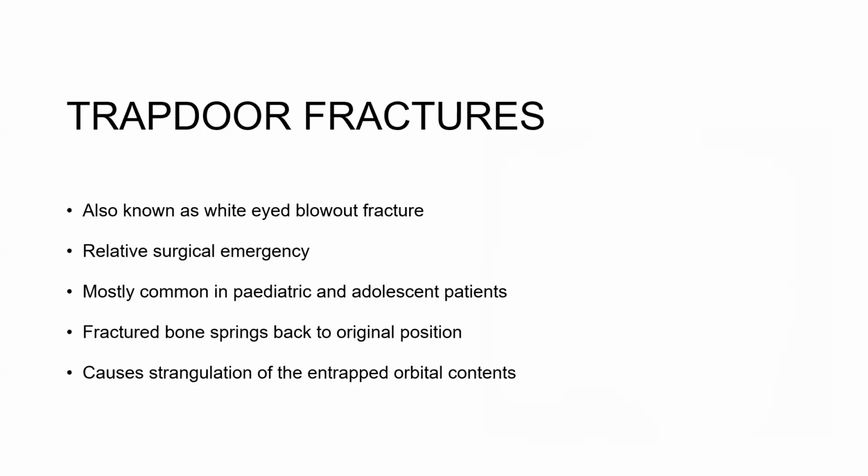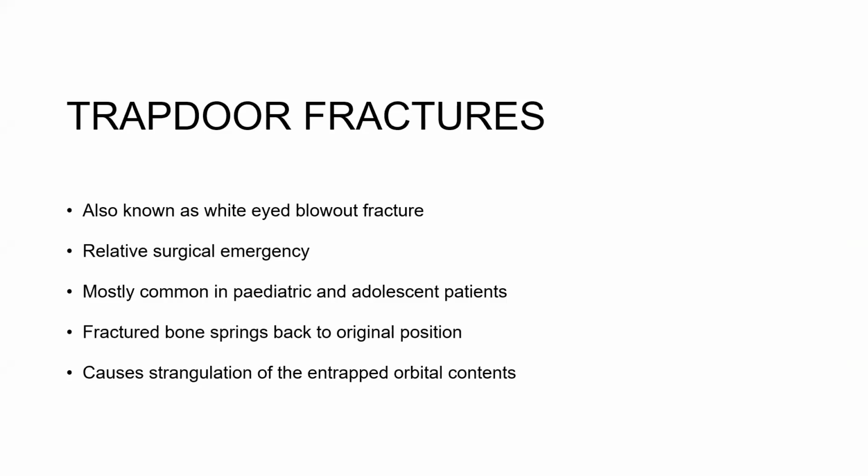The name white-eyed blowout fracture is because subconjunctival hemorrhage, which is one of the clinical features of orbital fracture, may or may not be there in trapdoor fractures, and mostly it is a surgical emergency. Though it is very common in the pediatric population, it can happen in adolescent or adult patients as well.